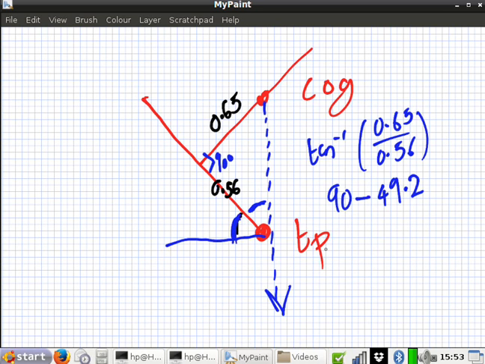So what's that, please? 40.75. Close enough. The answer I have here is 40.6. I think maybe for the previous answer I should have taken one more decimal point. Anyway, about 41 degrees.